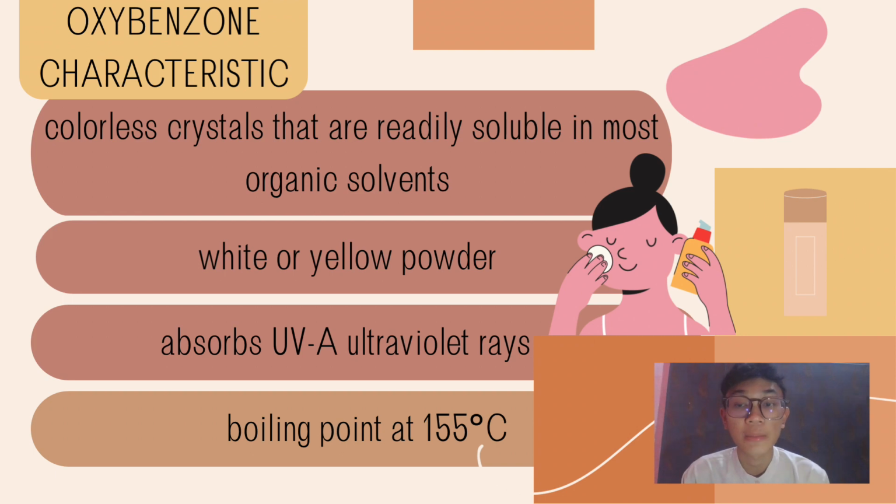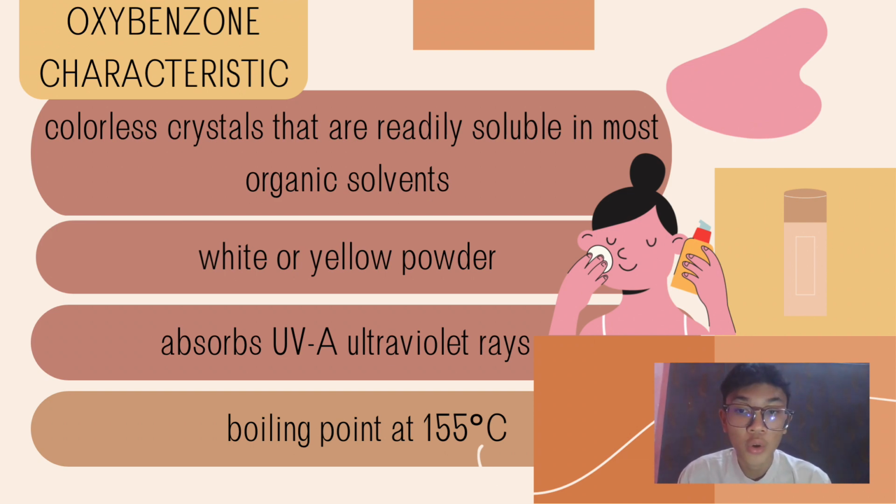Next, we have the oxybenzone characteristics. Oxybenzone is a derivative of benzophenone, which is a ketone compound attached to two phenyl groups. Oxybenzone is a colorless crystal that is readily soluble in most organic solvents and typically appears as a white or yellow crystallized powder.